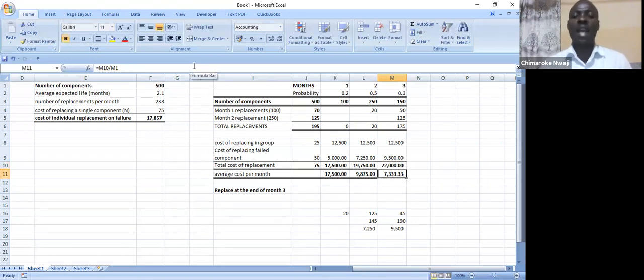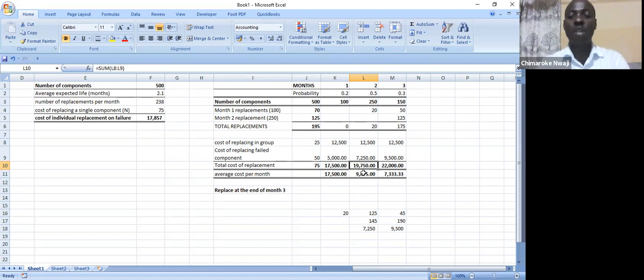So now, what is the average replacement cost per month? Since this is month 1, your 17,500 divided by 1 will give you 17,500. For month 2, the cumulative cost for the 2 months is 19,750.